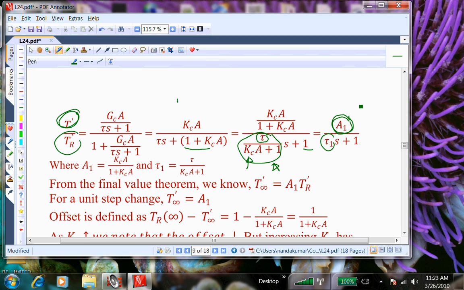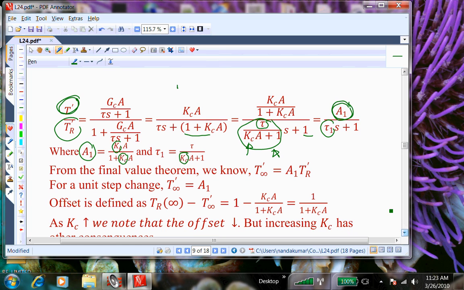So you can find out what is the ultimate gain in the presence of this controller, and the controller gain has an influence on that. Kc is your controller gain that you tune as a controller engineer. So that's going to affect the effective gain for the whole process. And you can find out what the effective gain is and what the final steady state value is. And you can find out analytically what the offset is.